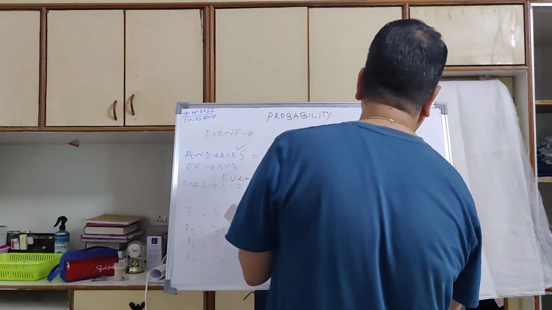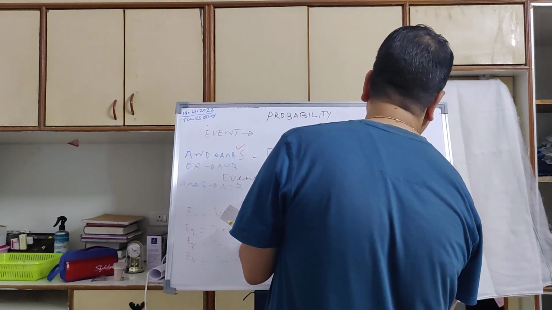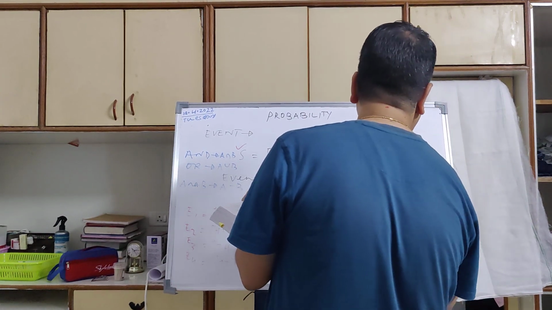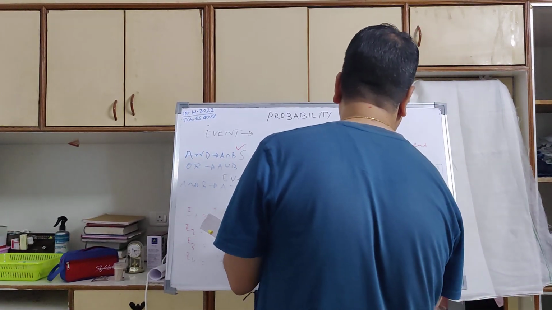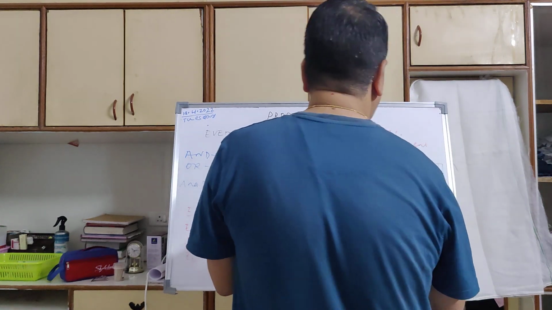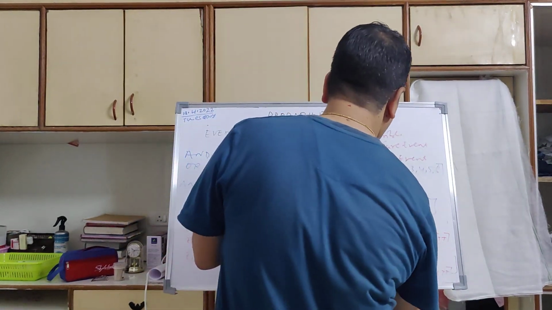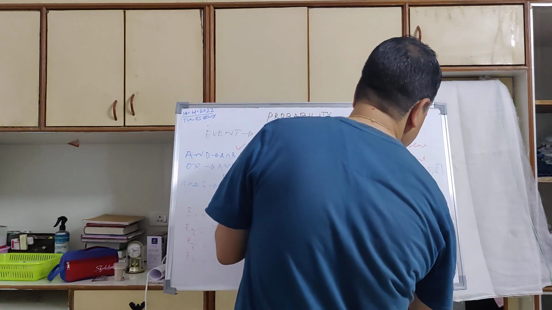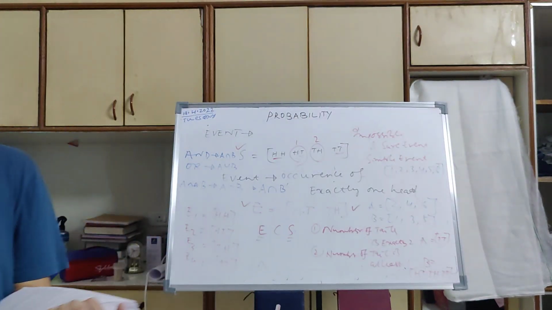One compound event here is even number, which means 2, 4, 6. This is event A, a compound event. Another event is an odd number, 1, 3, 5. That means these are mutually exclusive.